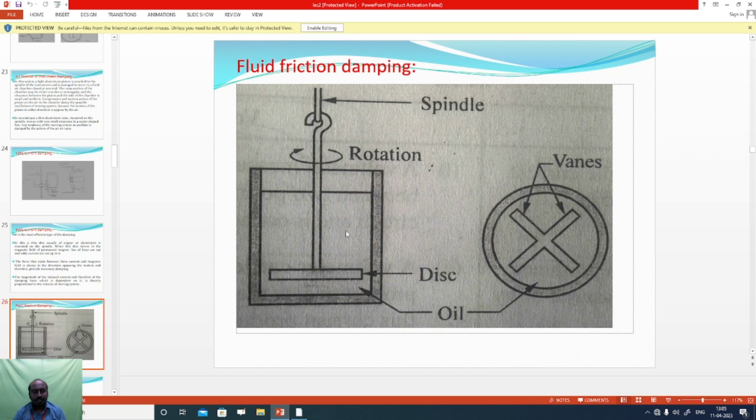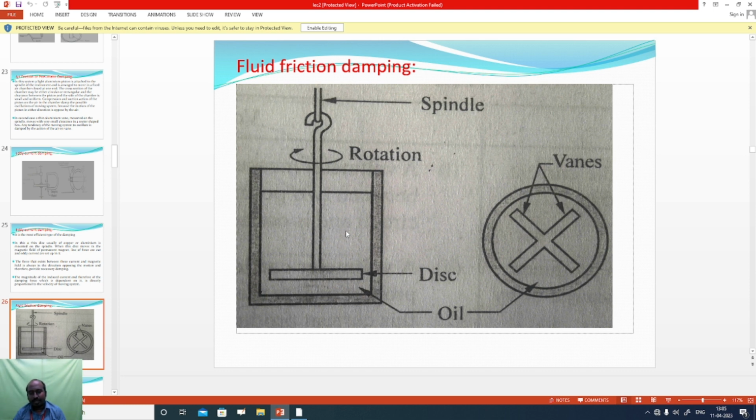In the initial method, pneumatic damping, the disc has to move against the air, the air friction.